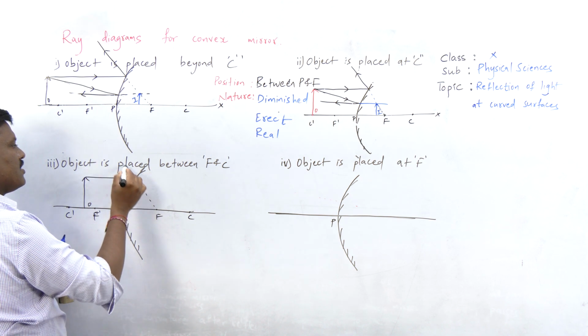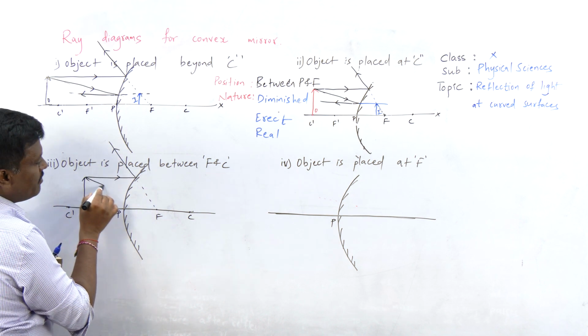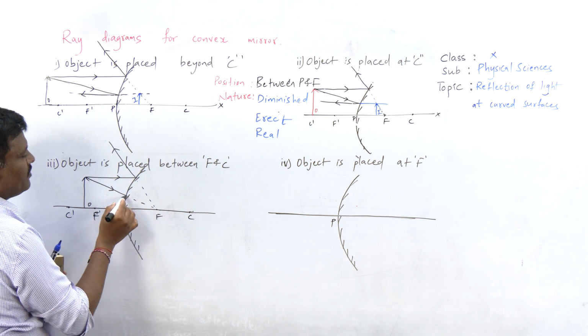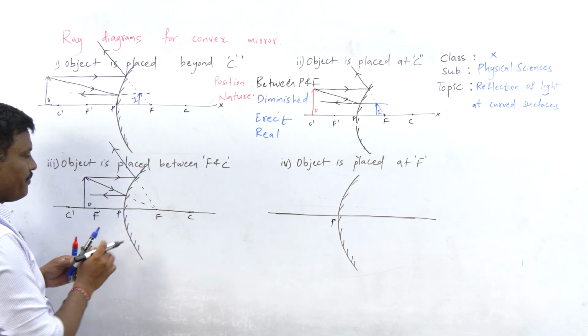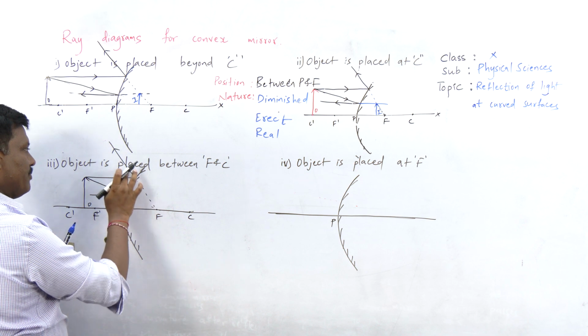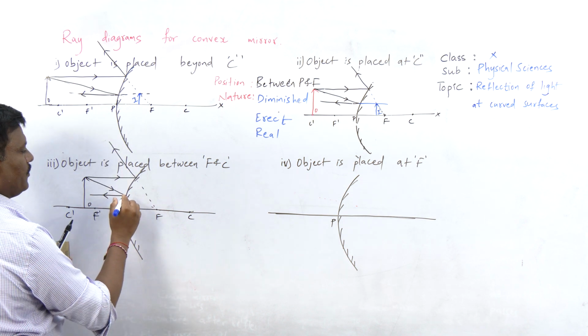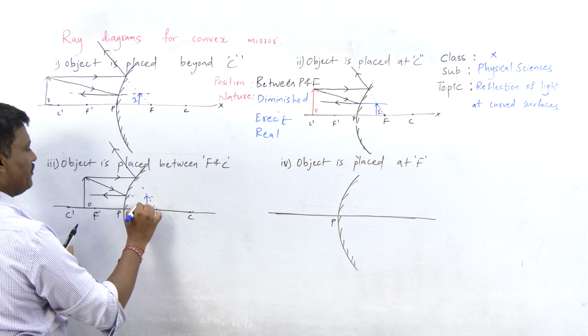After reflection it seems to diverge from the focus. A ray that seems to pass through the focus, after reflection, passes parallel to the principal axis. When you extend this reflected ray and this reflected ray, they will meet here, the image is formed here.